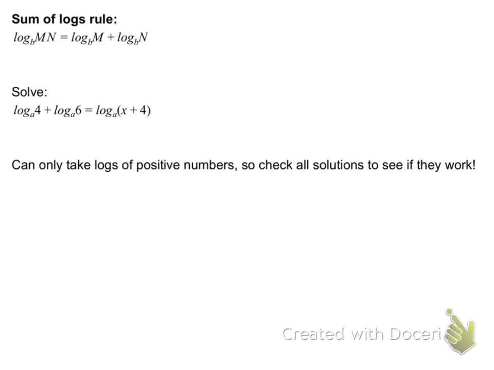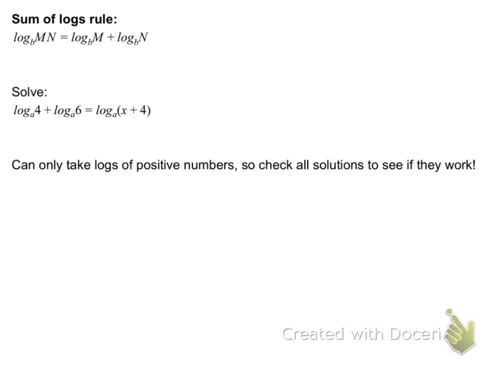But if you come up with an x that makes a log inside where the 4 and the 6 are, so if you have a number like -5 for x, that'd be log base a of -5 plus 4, which would be a log base a of -1. You can't do that. So that won't happen. That'd be no solution. It'd be an extraneous solution.